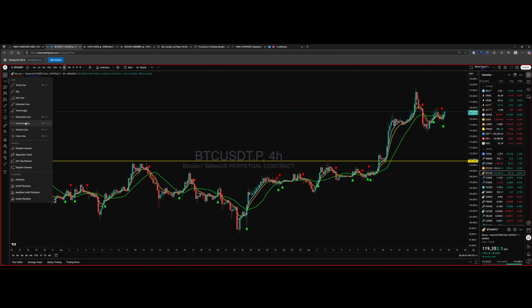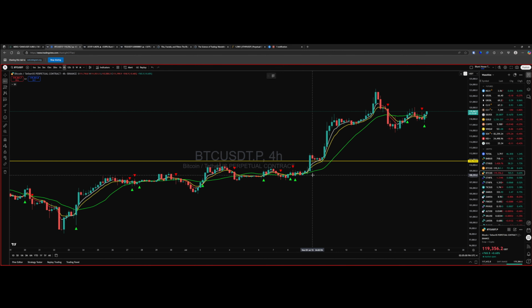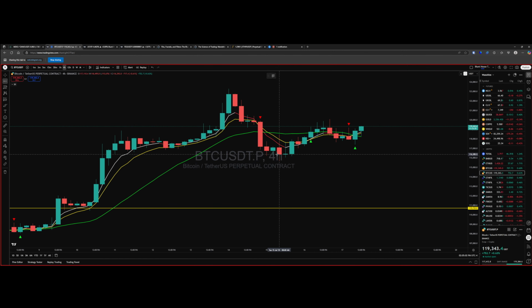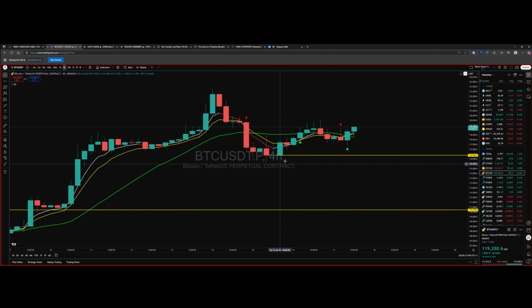What you're looking for is just the horizontal line, or you can use the horizontal ray, which just goes to the right and not across the entire screen. That's all you do. And then you can change the color and all that kind of stuff. Super simple.